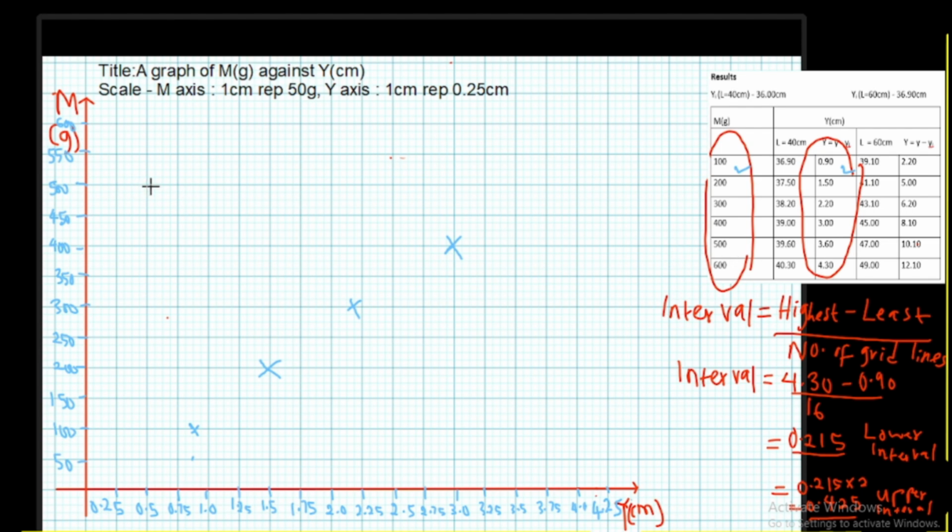So where is 500? This is where we have 500. And then 3.6. 3.6 should be closer to 3.5. It's in between 3.5 and 3.75, but it's closer to 3.5. So remember, each thin line is 0.05. So from 3.5, we keep adding 0.05 till we get to 3.6. Add on the first one, 3.55. You add on the second line, that's 3.6.